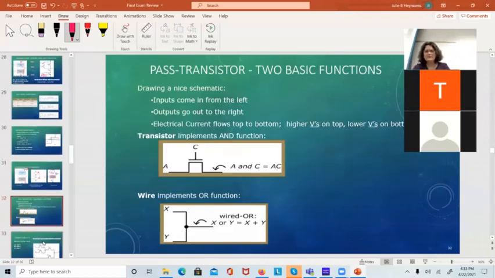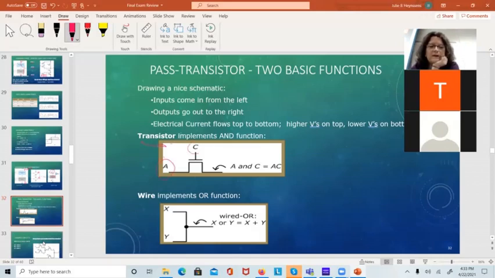So pass transistor, I told you that you're getting a standard CMOS problem on here. You're getting either a pass transistor or a dynamic logic problem also. I want you to study both of those. A single transistor can implement the AND function.